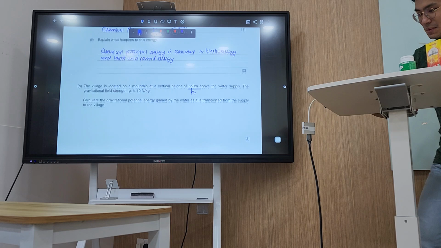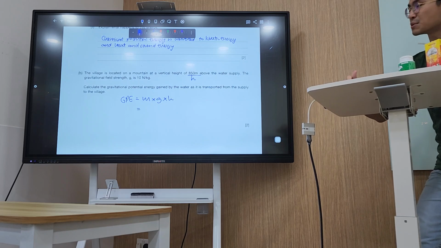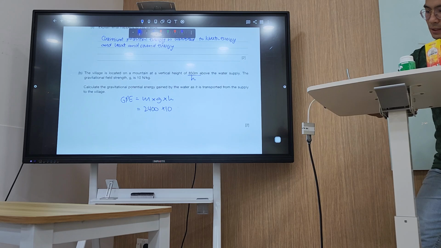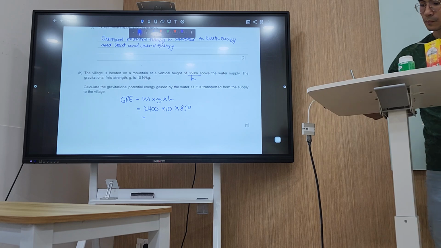Okay, so calculate GPE. GPE formula is mass times g times h. Your mass of water, as we established just now, 2,400 times 10 times 350, and your answer will be 2,041,235.